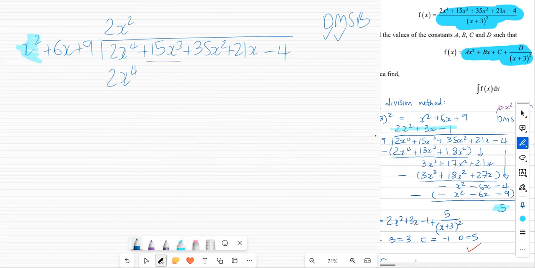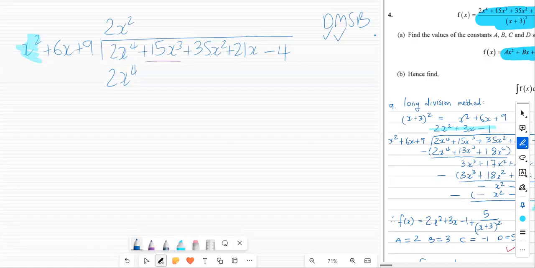So now we times 2x squared by 6x. 2x squared by 6x gives us 2x squared. What am I doing? Sorry. I am still looking at this, and I see an error here.